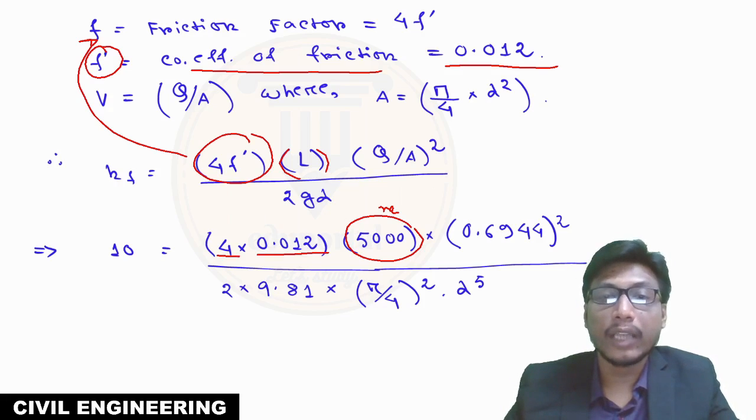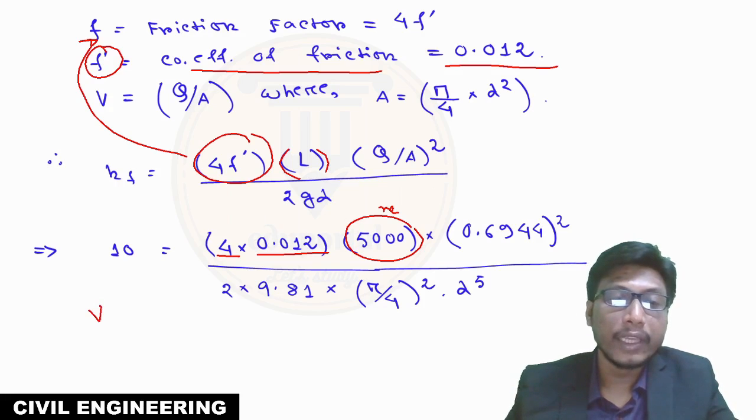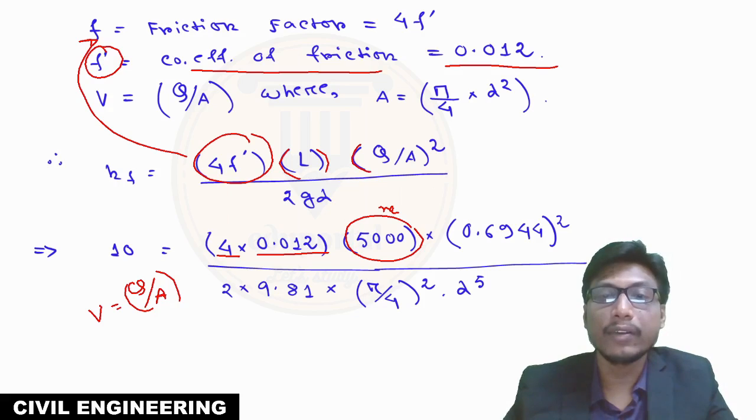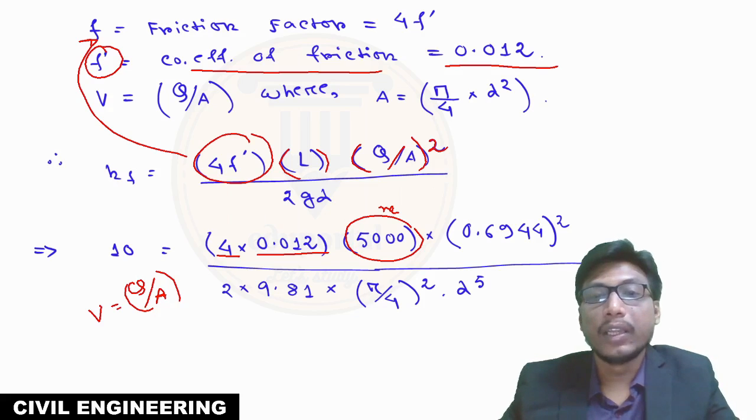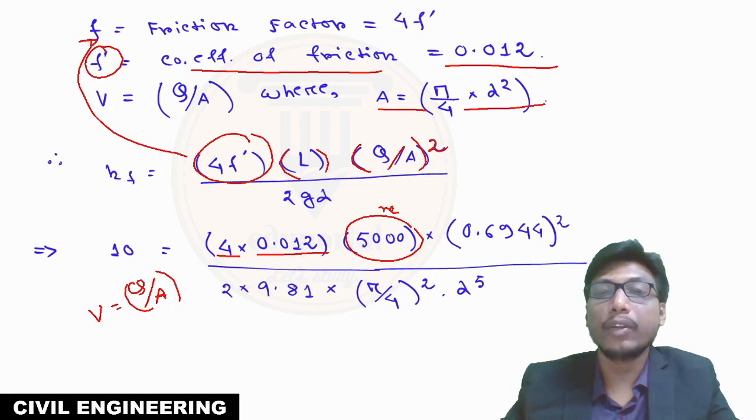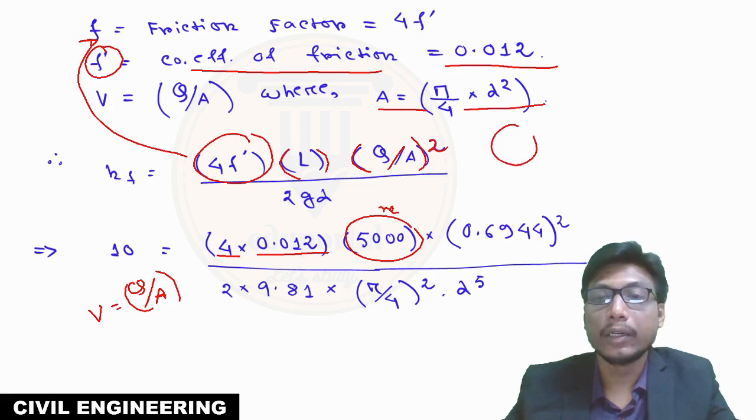And now in FLV square, we know V, the velocity of flow, is equal to Q by A. Q is the discharge and A is the area of cross section. That's why we have written Q by A whole square. Now what is A? Pi by 4 into D square, where D is the internal diameter of the pipe.